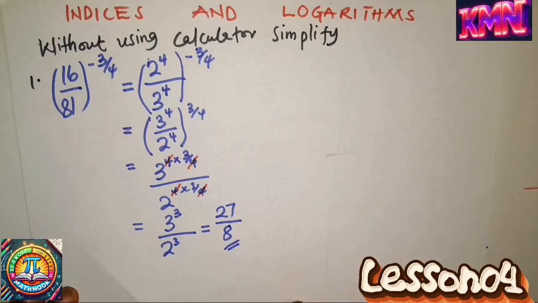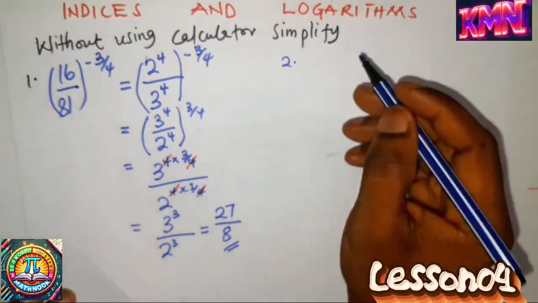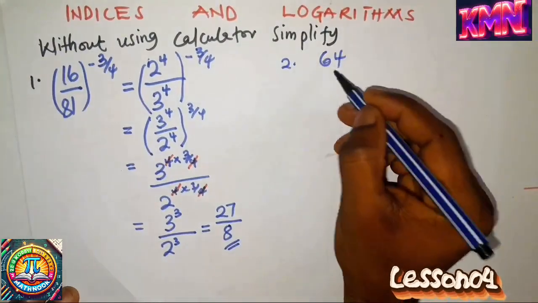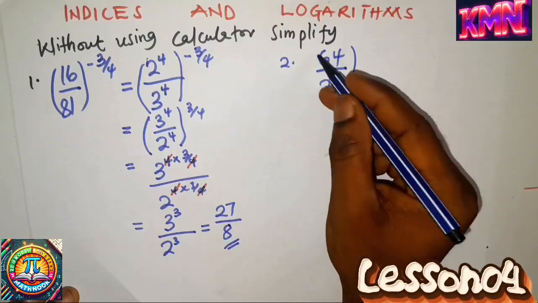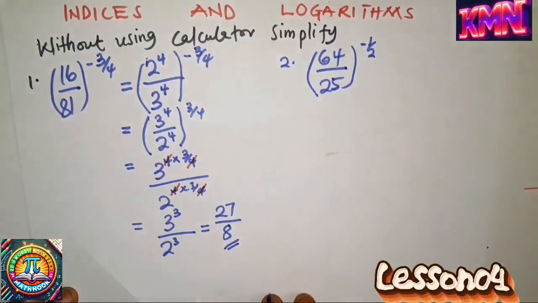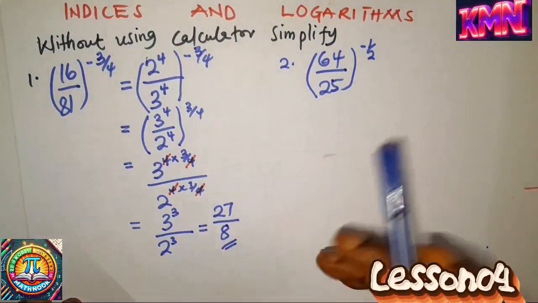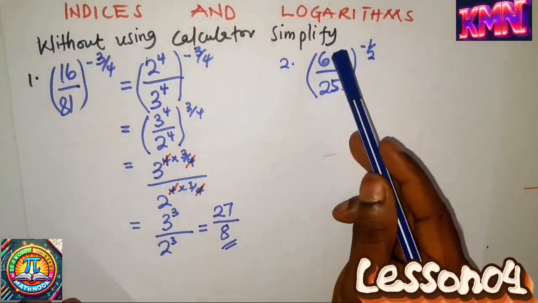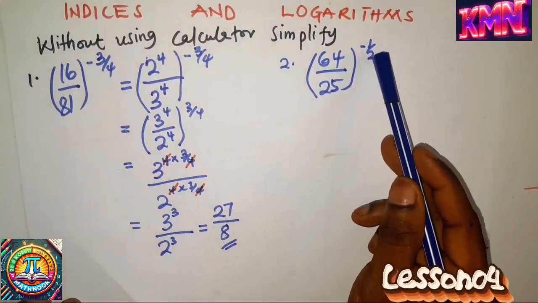Very simple. Number 2. So a similar example. How do you solve this? As I explained earlier, we need to change this one to the index form, but you use these two as a guide when you want to get rid of a fraction to get whole number.